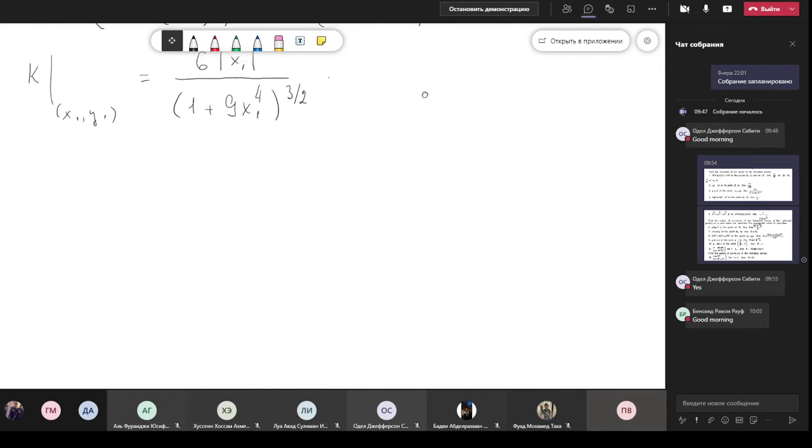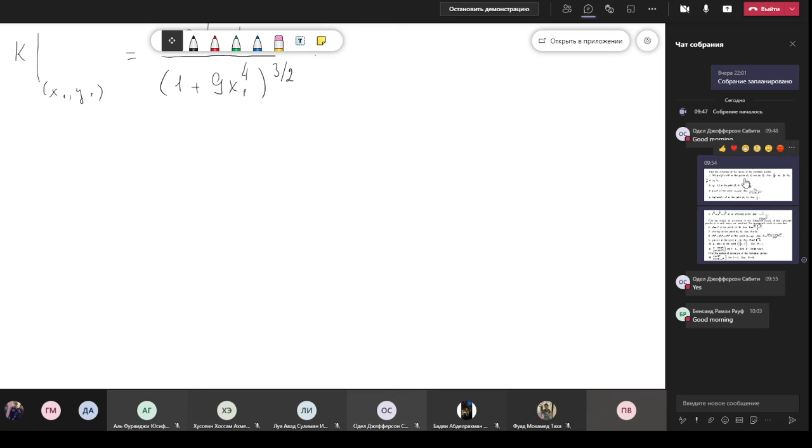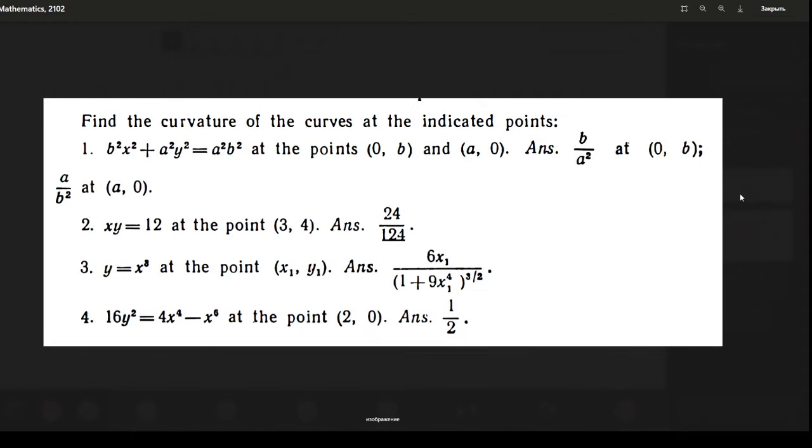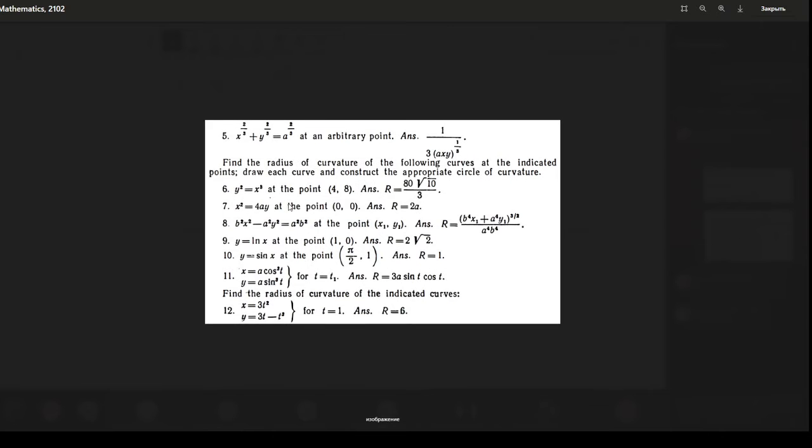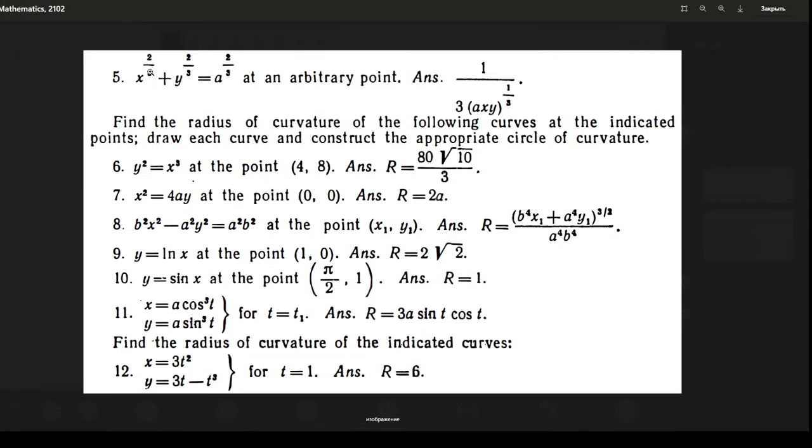Next number that we consider, number 5. Number 4, you do at home. Number 5 is x with power 2 over 3 plus y with power 2 over 3 equals a with power 2 over 3, at the arbitrary points.